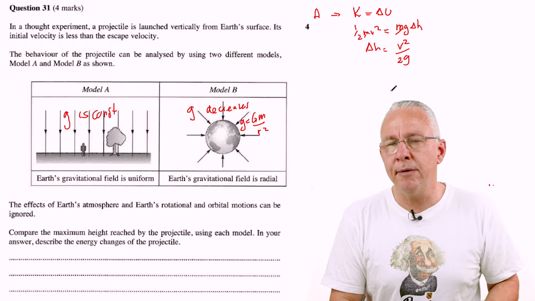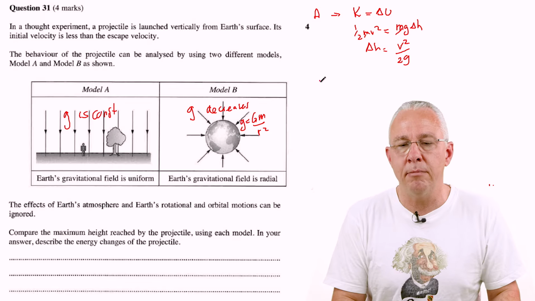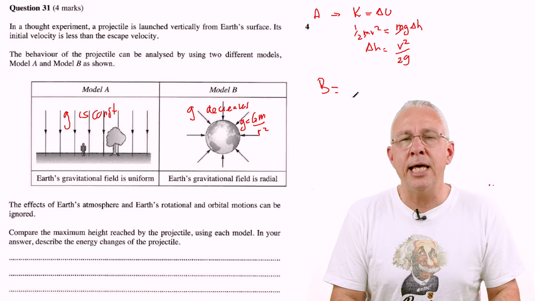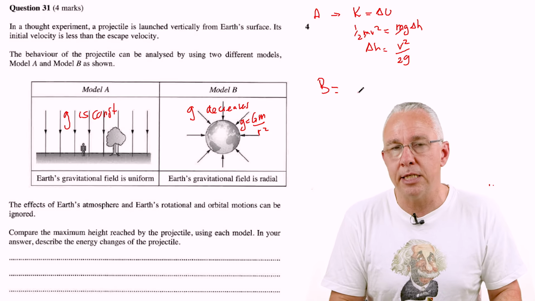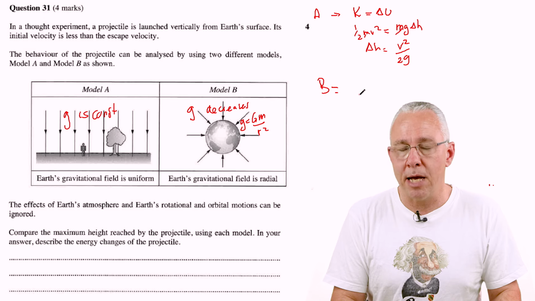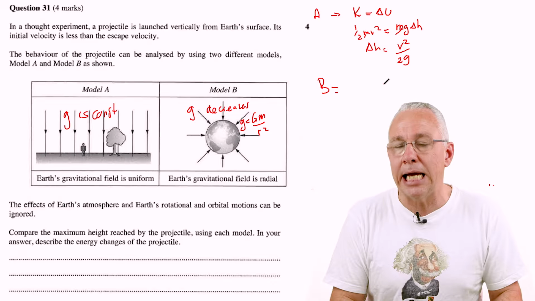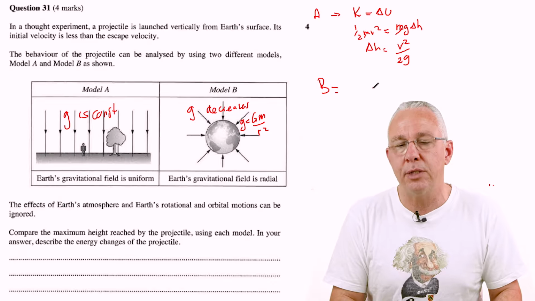But what if I have a situation in model B? In model B, we have the same story. We have a kinetic energy we give it, and that kinetic energy decreases as it goes up. That converts into a gain in gravitational potential energy.